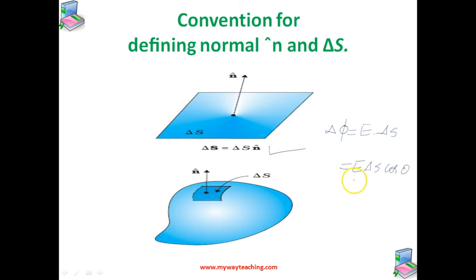So it is proportional to the number of field lines cutting the area element. The angle theta is nothing but the angle between E and delta S. For a closed surface with the convention stated, theta is the angle between E and the outward normal to the area element.